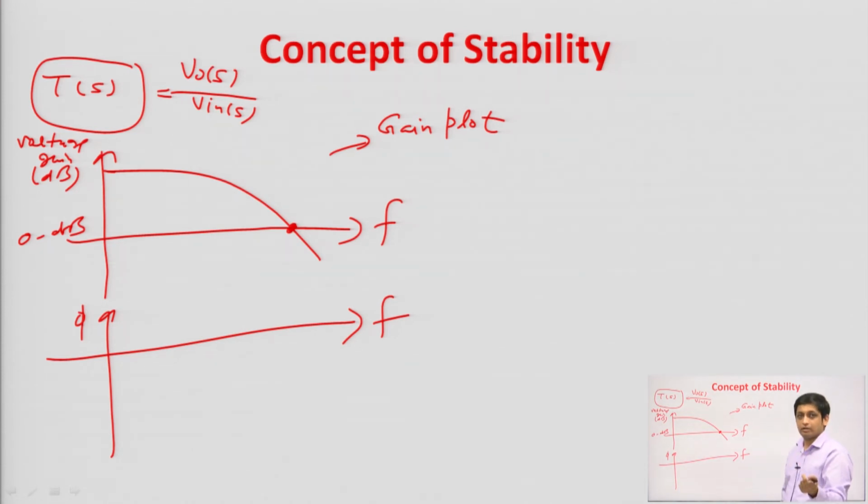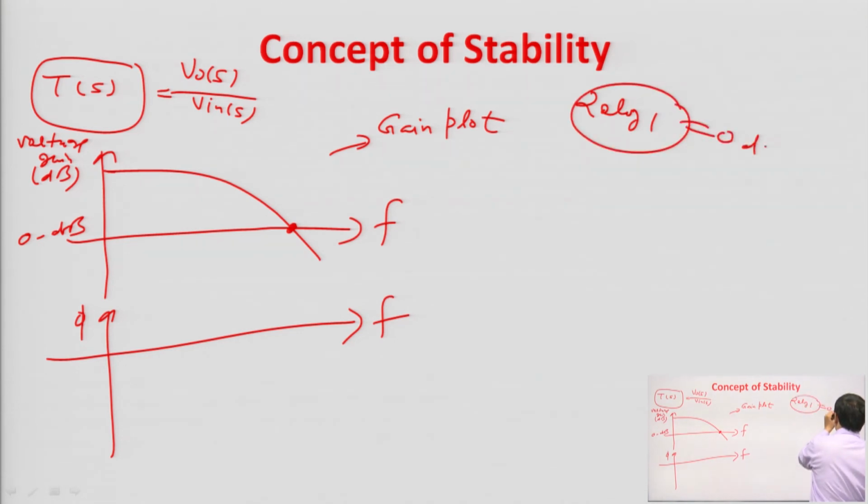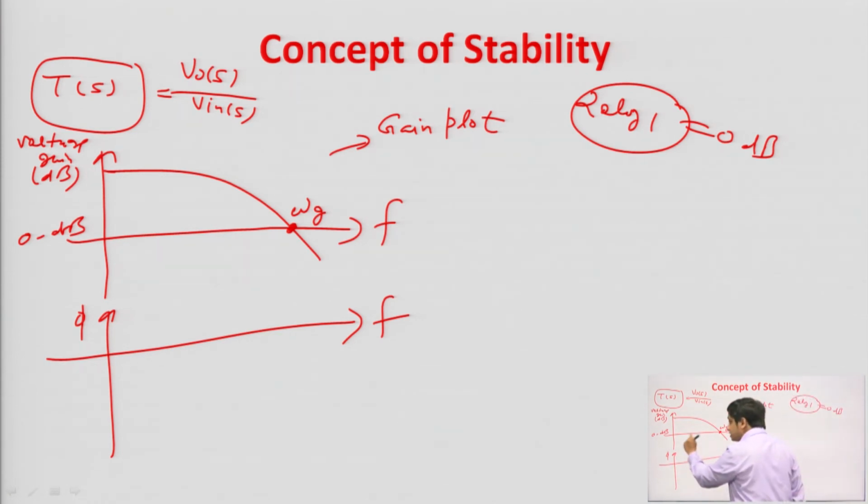If we convert that 1, which is a ratio, to dB, that will be 20 log 1, that is 0 dB, fine. So, this frequency is called omega g, that is called gain crossover frequency. Gain crossover frequency is the frequency at which the gain is unity, gain is 1 as a ratio, but in dB it is 0 dB, fine.